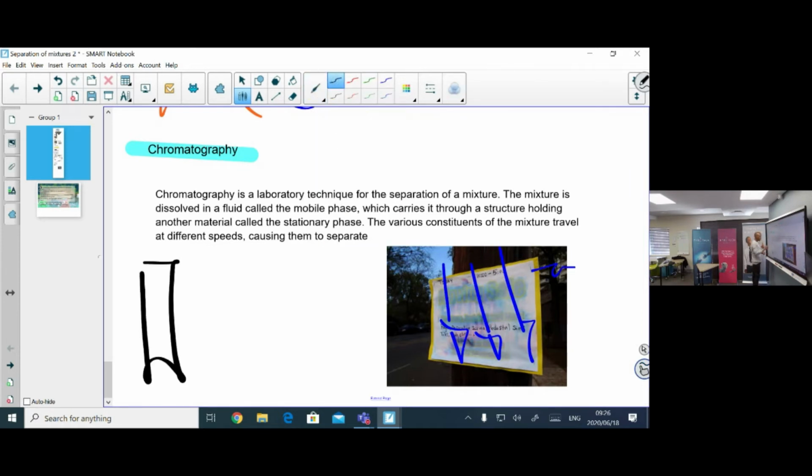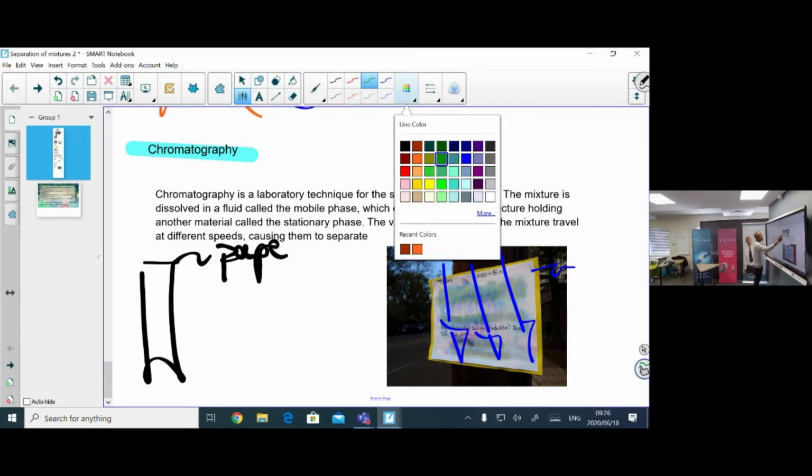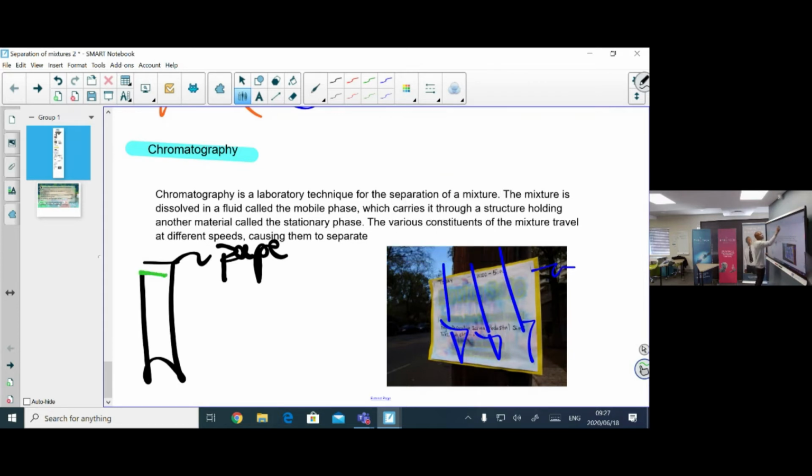I'm just going to draw a sample. Let's have this as paper, having a particular color or varying colors, green, blue, red, and all these varying colors.